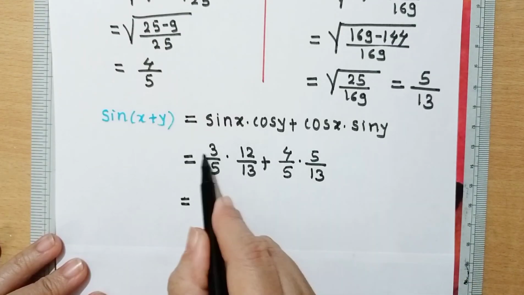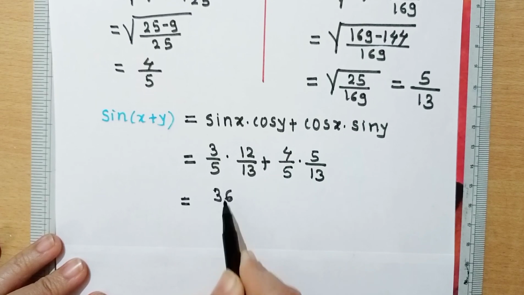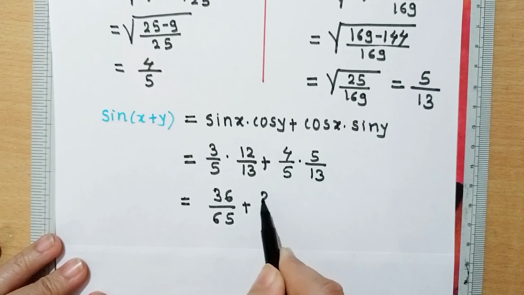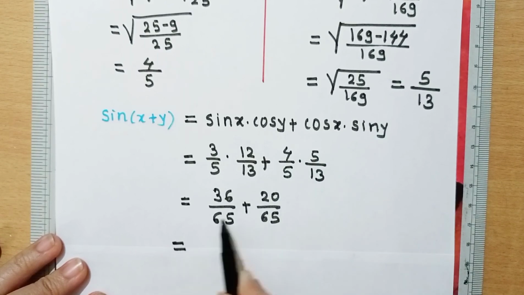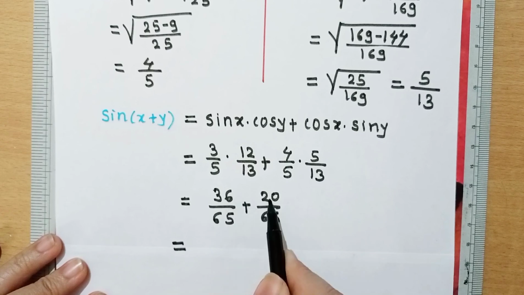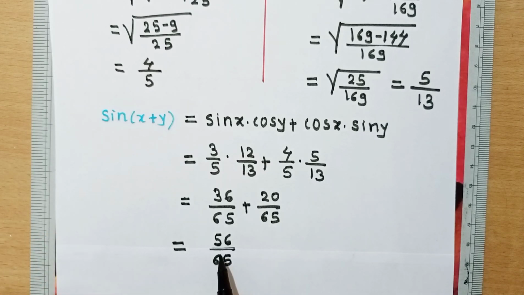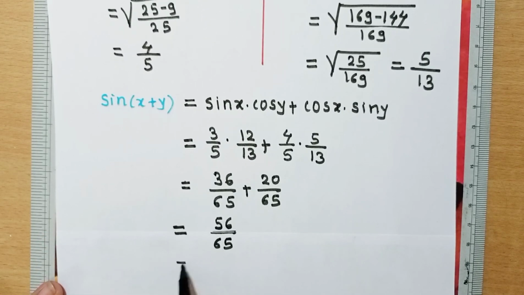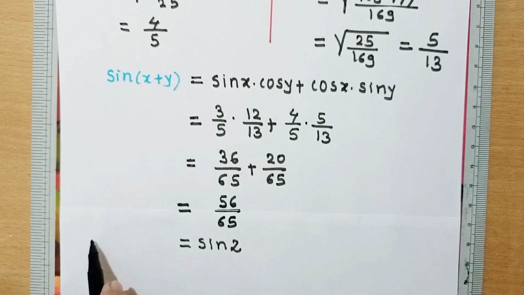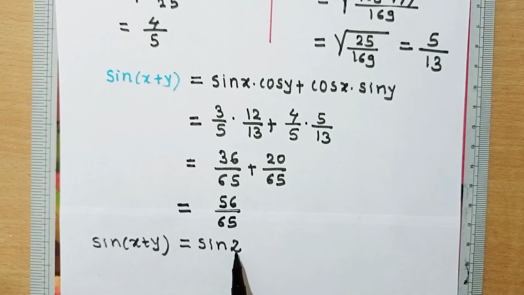Just multiply. 12 3s are 36 upon 65, and 5 4s are 20 upon again 65. Denominator is same, and 36 plus 20 is 56 upon 65, and this is nothing but sin of z, and so we have proved that sin of x plus y equal to sin of z.